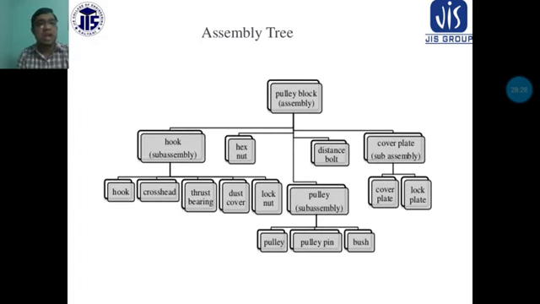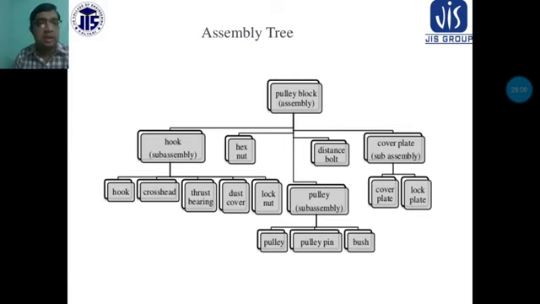You can see the assembly tree that will be used here. The first is the pulley block assembly, which contains the hook as a sub assembly, and also the X nut as a sub assembly, the distance bolt, and the cover plate as a sub assembly. Under the cover plate there are also lock plates.